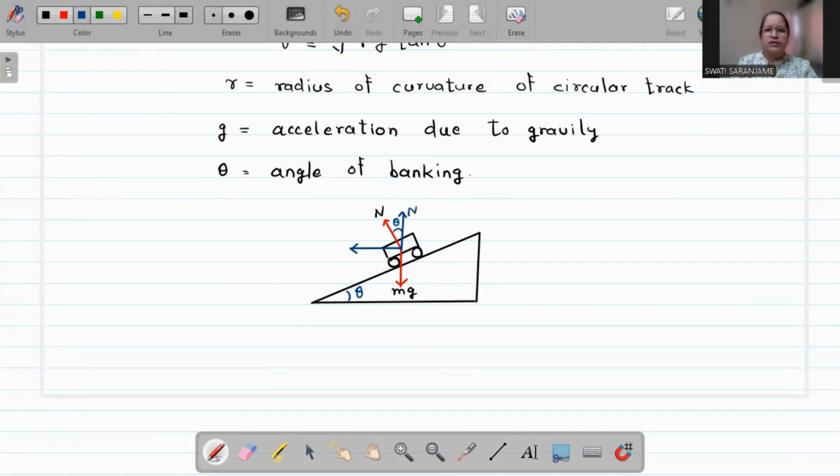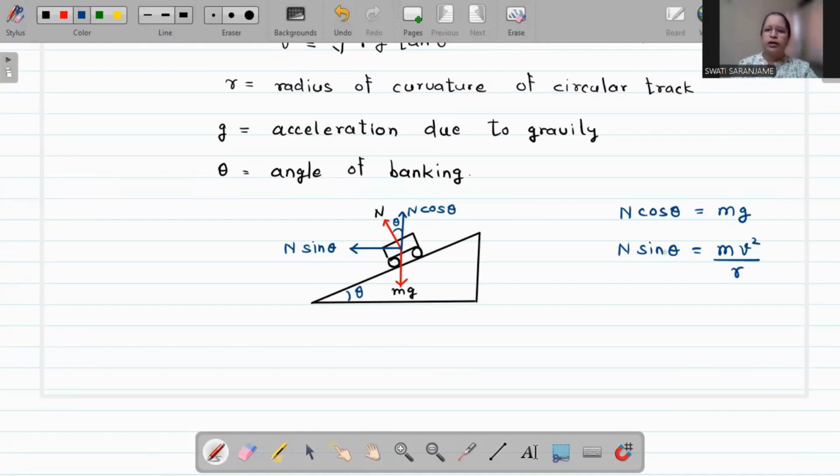This component, as this is the adjacent side, is obviously n cos theta, and this one, which is directed towards the center of the circular banked road, represents n sine theta. So n cos theta is the component of the normal reaction which is balancing the weight of the car, and n sine theta is providing the necessary centripetal force, which is represented by mv square by r.